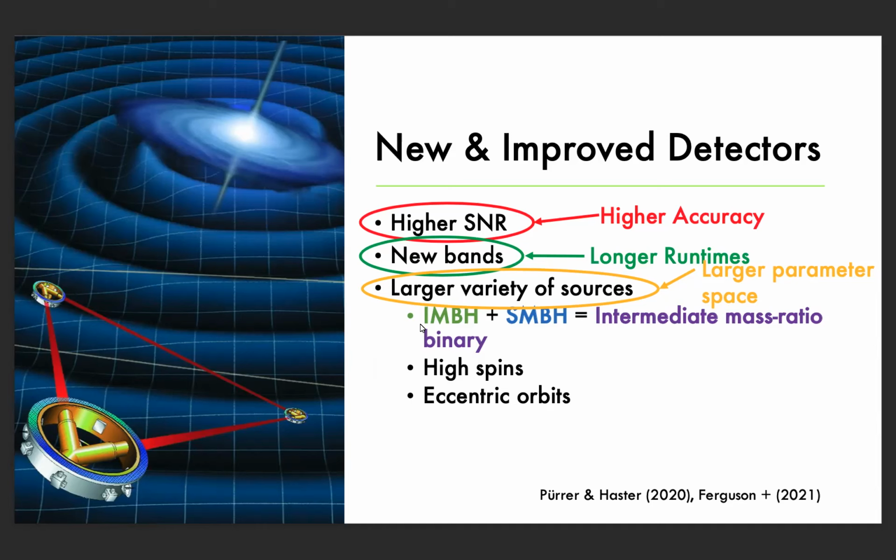And when you have a larger variety of sources, you need to sample a larger regime of the possible binary parameter space. All of these things add greater demands on the waveforms that we produce in numerical relativity.